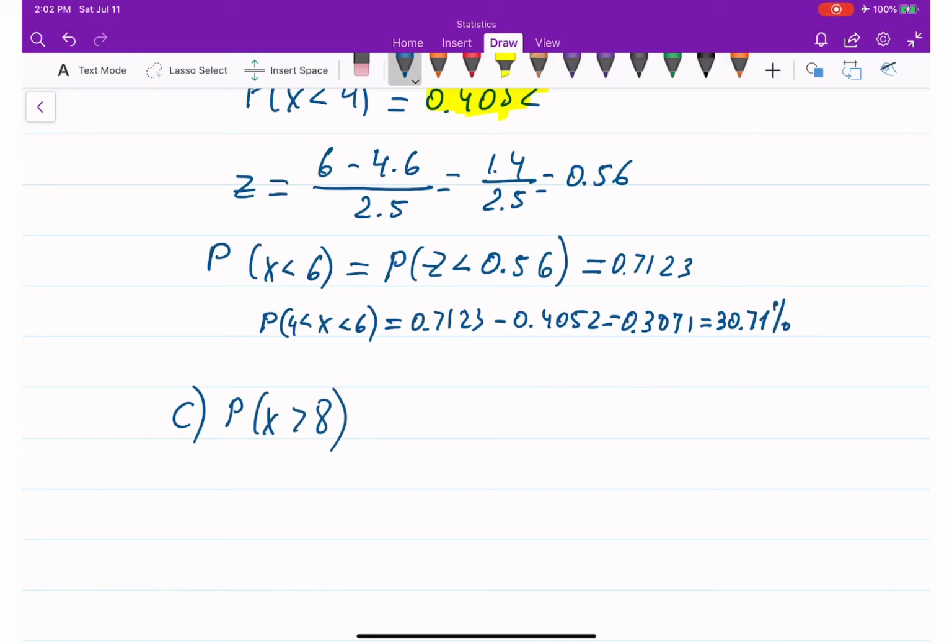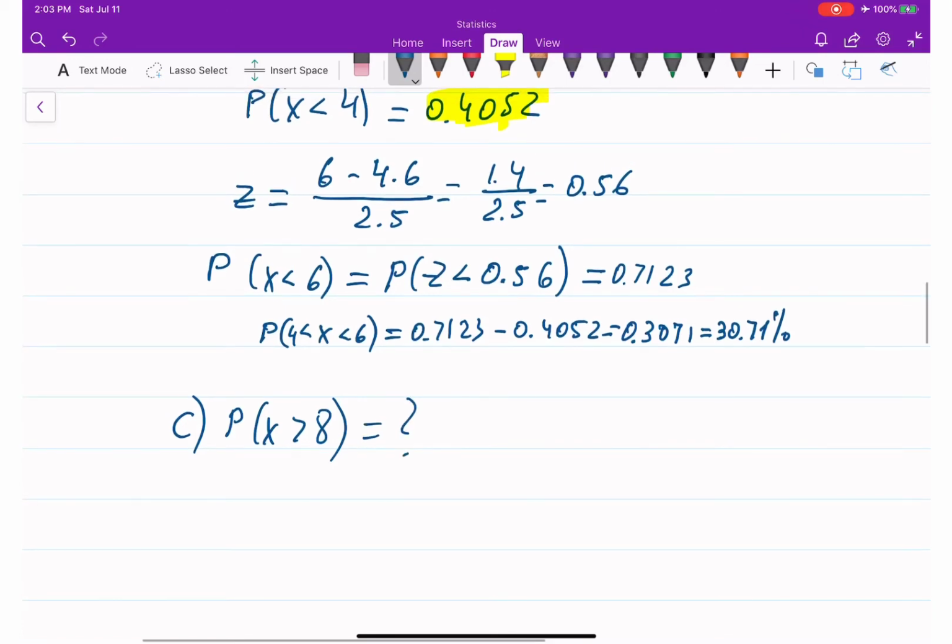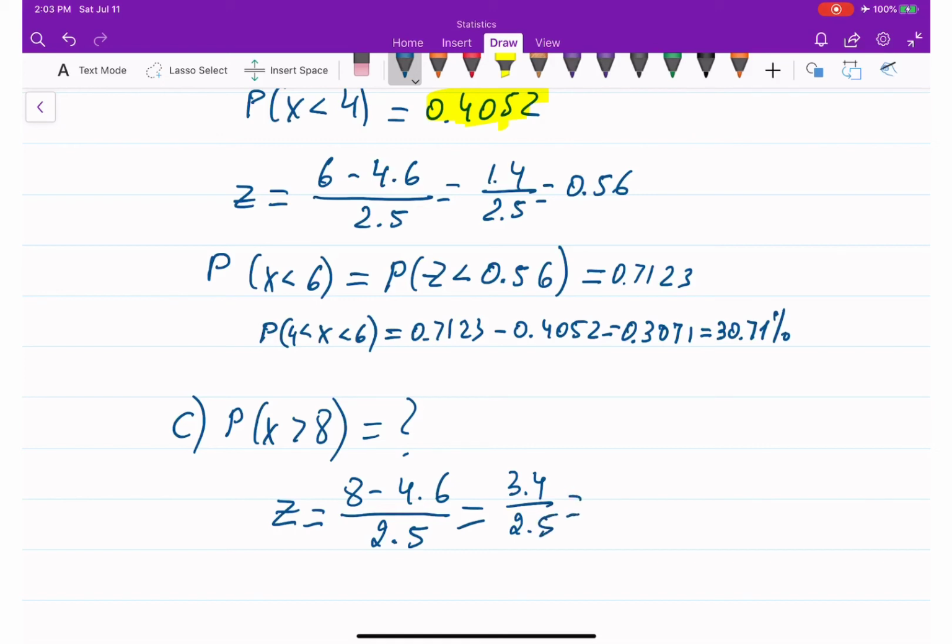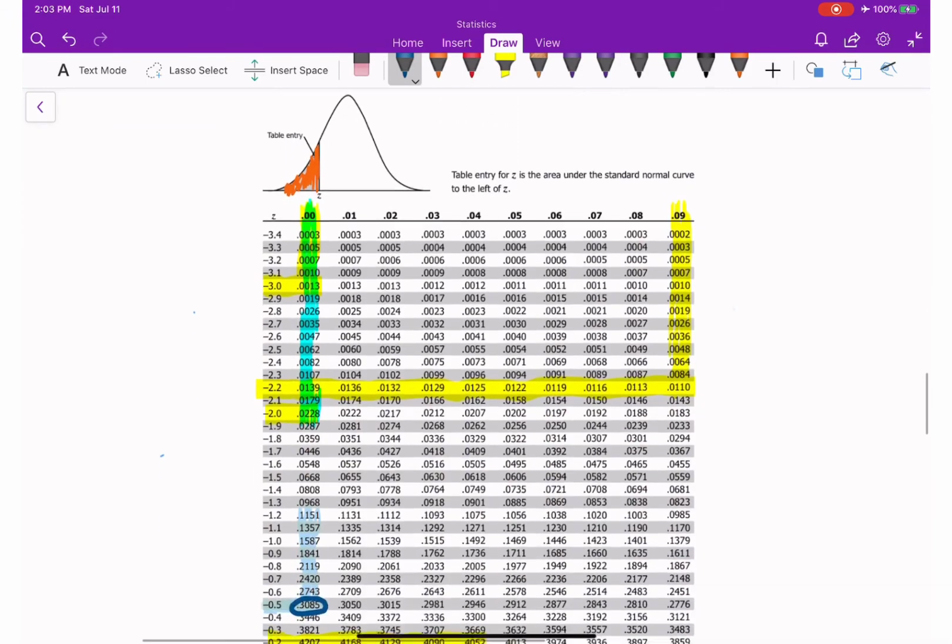So the z-score is equal to 8 minus 4.6 over 2.5, which is 8 minus 4.6 is 3.4, divided by 2.5, is equal to 1.36. Again, positive. So we are moving to the positive table, 1.36.